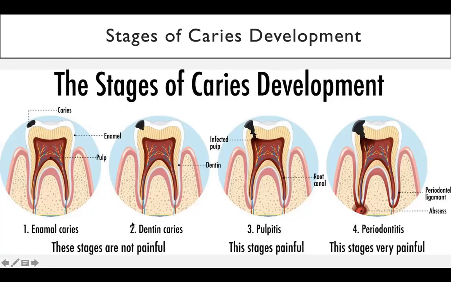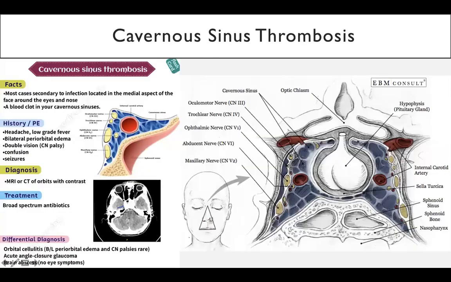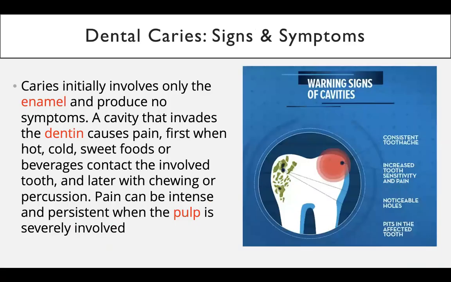Dentin caries are somehow painful. Initially, how painful? Initially, increased sensitivity to hot, cold, sweet food and beverages, and later by chewing and percussion. The pain can be intense and persistent when the pulp is severely involved.